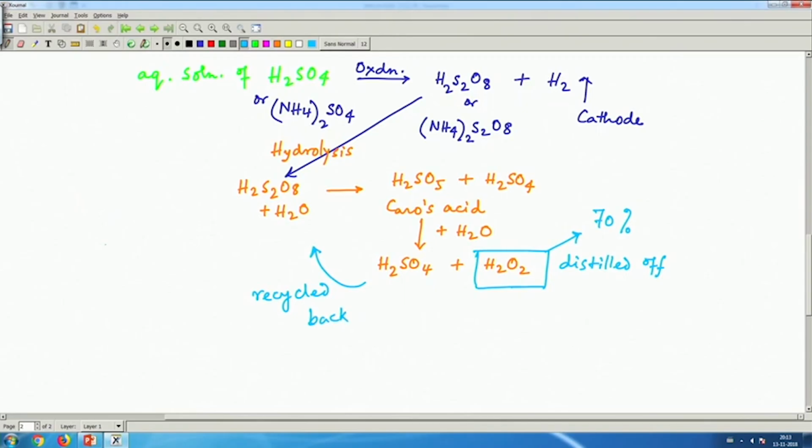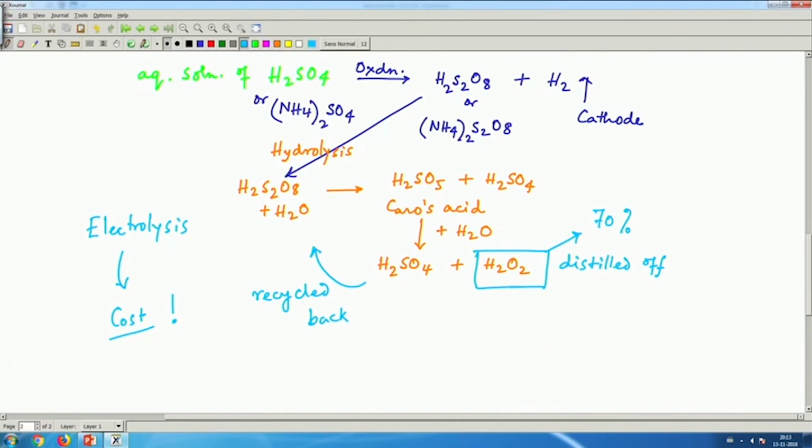So, we go for electrolysis, and the cost of the electricity is therefore the guiding factor for us whether the produced hydrogen peroxide is cheaper to us or not. That will be dictated by the corresponding cost of the electricity.